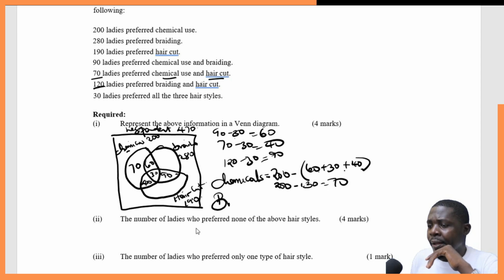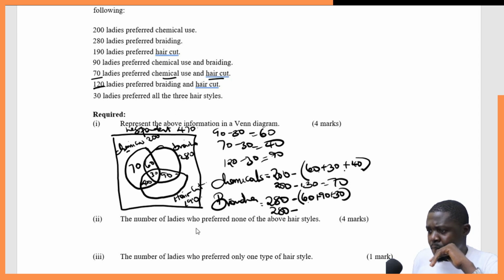What about braiding? Braiding, we have 280 minus 60 plus 90 plus 30, which is 180. 280 minus 180 gives 100 preferred braiding only.